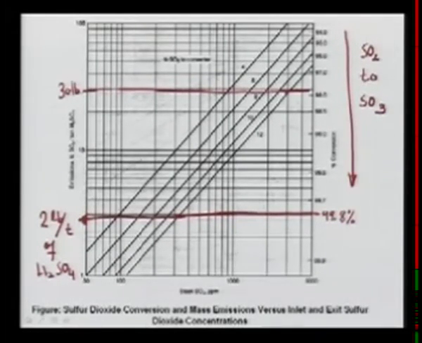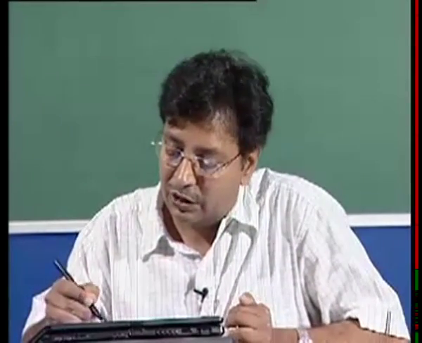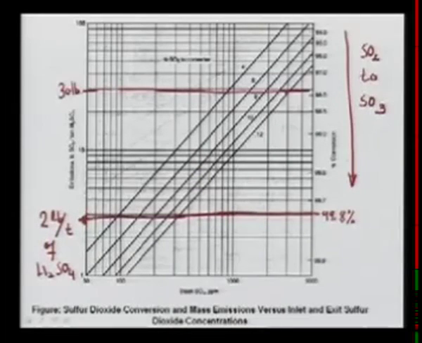So you can see the advantage of going to double conversion, double absorption. We all the time want to improve the conversion, and if the conversion is improved, your emission will reduce significantly, and that's how you operate the sulfuric acid plant.